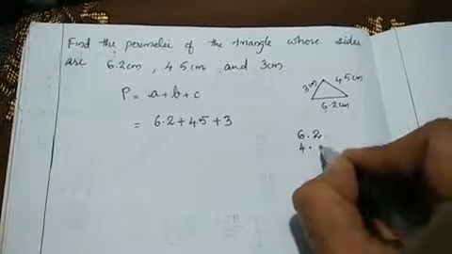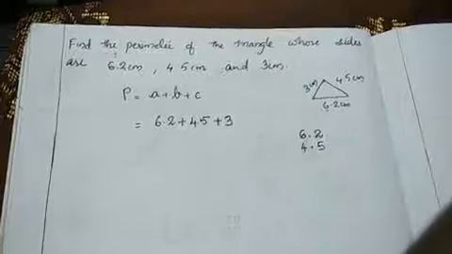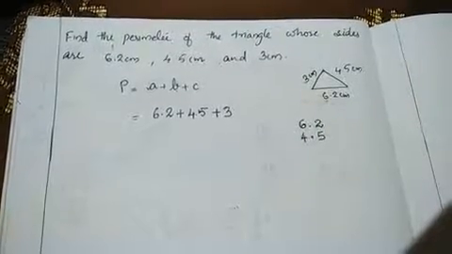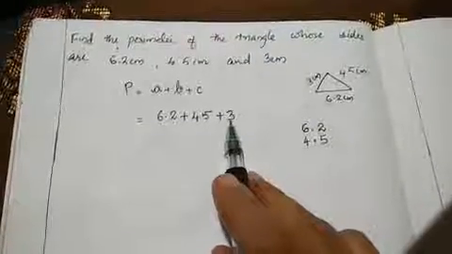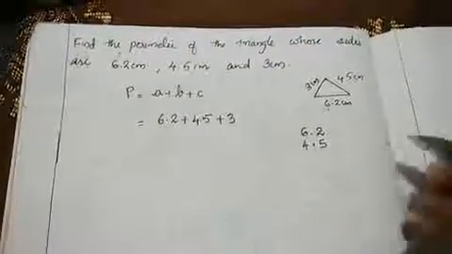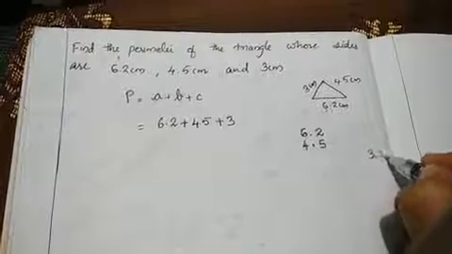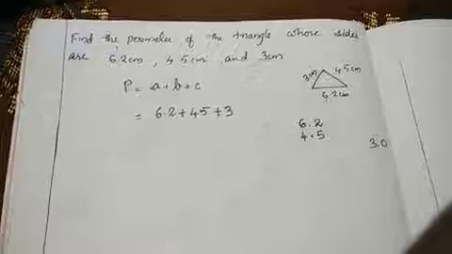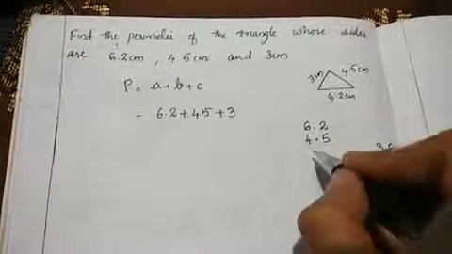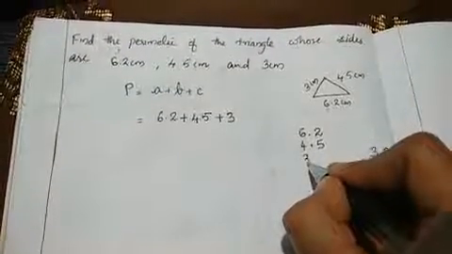Then next number is 5. Arrange the numbers in that order only. Now the third number is 3. 3 means 3.0. Okay. 5 means 5.0. So 3 we can write here.